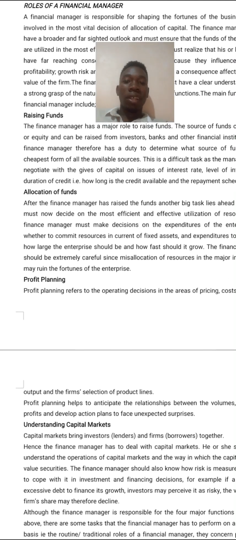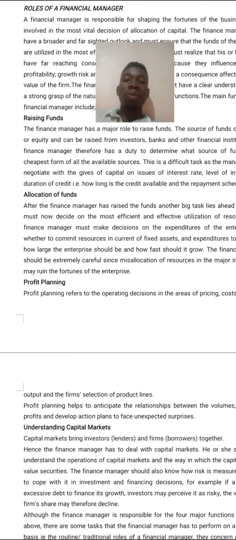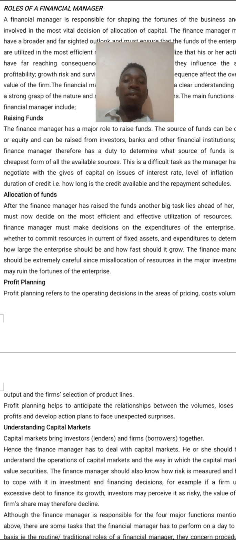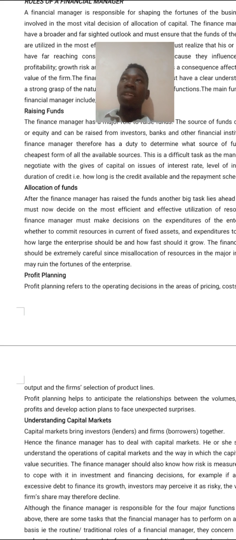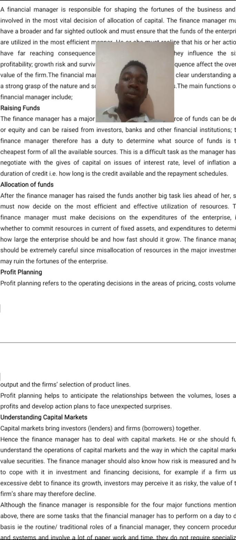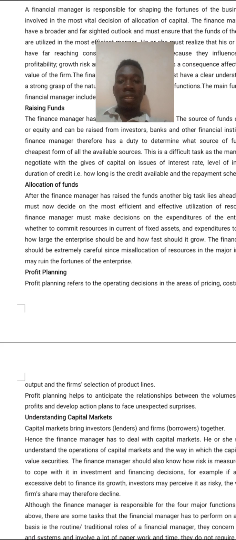Then allocation of funds. The financial manager is responsible to allocate the firm's funds. And funds are allocated into assets. Therefore, the financial manager should allocate the firm's resources into either long-term assets or short-term assets. Therefore, allocation of funds deals with investment of the firm's funds either into long-term assets or short-term assets. Short-term assets examples include stock inventory, cash, treasury bills, debtors.